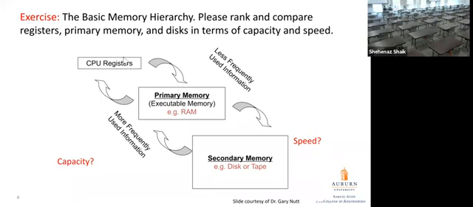So the data in the registers can be accessed in the fastest possible manner. However, the amount of data that we can store in the registers is pretty limited, definitely as compared to the amount of physical memory available on the system that is allocated to that particular process.